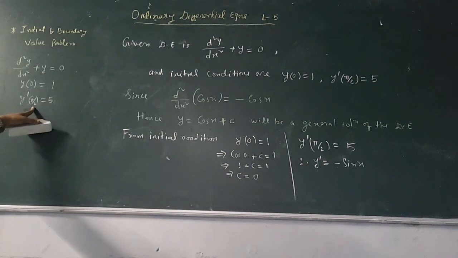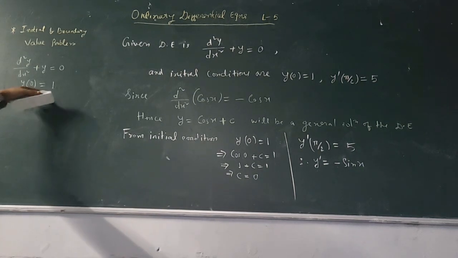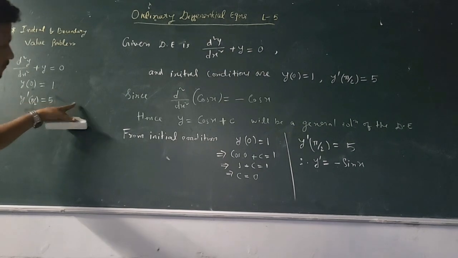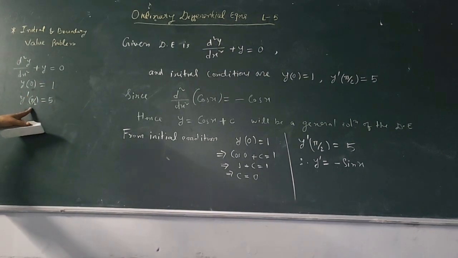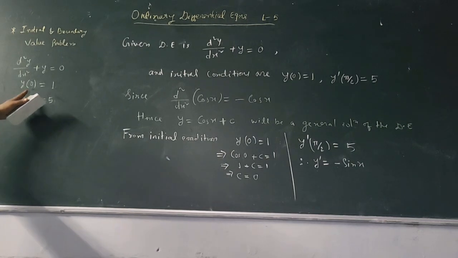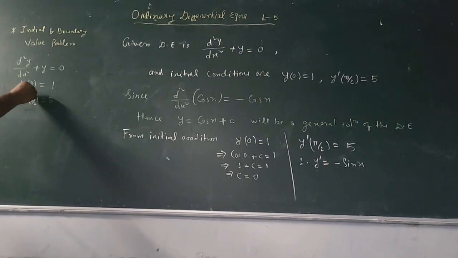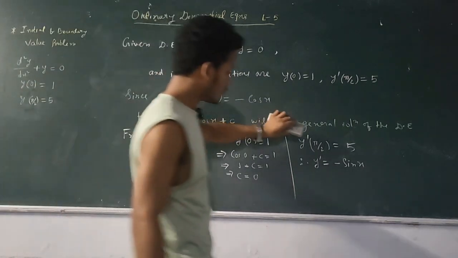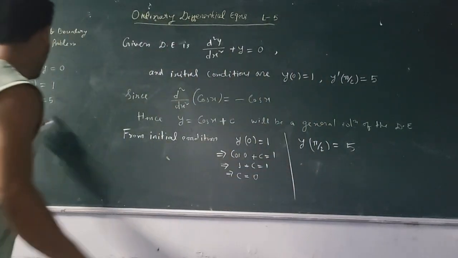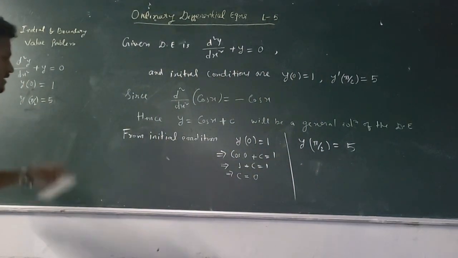You need such a solution whose value at 0 is equal to 1 and at pi by 2 the value of this derivative is 5.